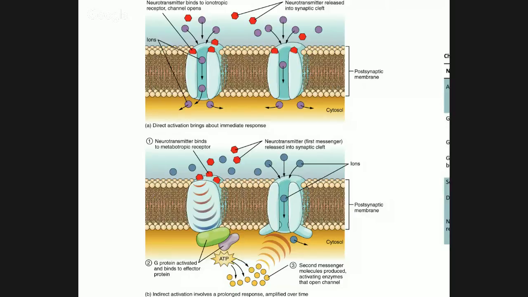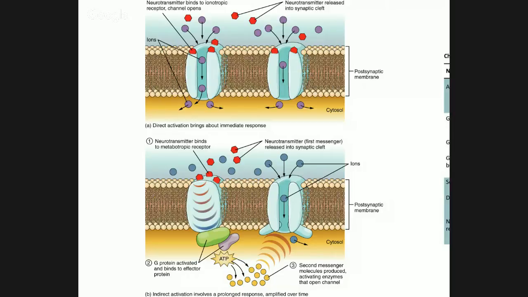The other type is called a metabotropic receptor, which, if my definition of ionotropic was crude, trying to define this one is likewise really crude. But basically what it means is that it causes metabolic changes in the cell. Ionotropic directly opens ion channels.